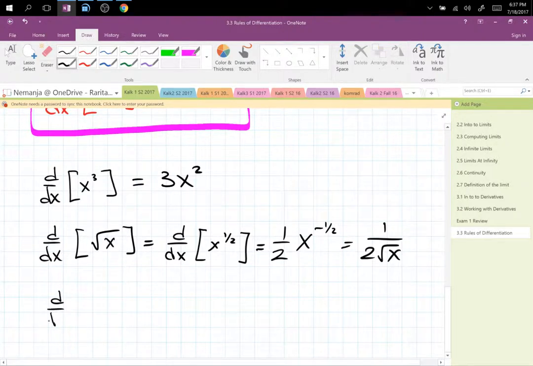So what is the derivative of the third root of x to the 5? Try that one.